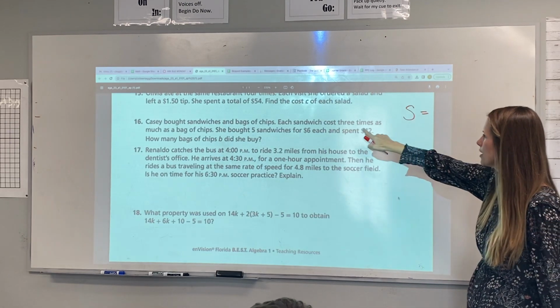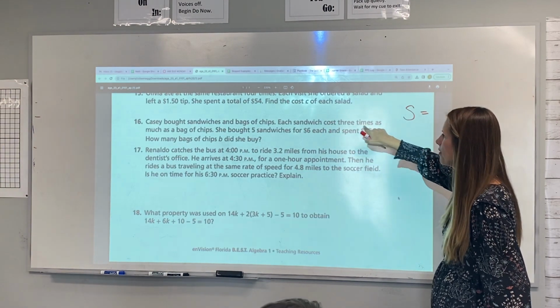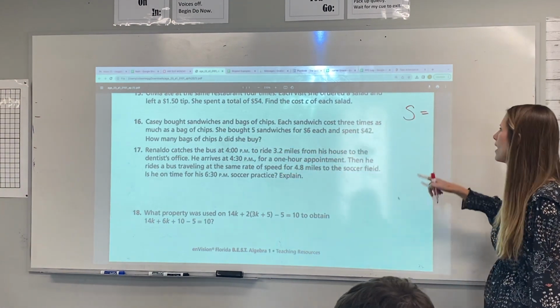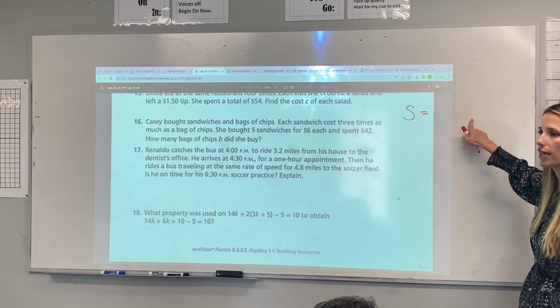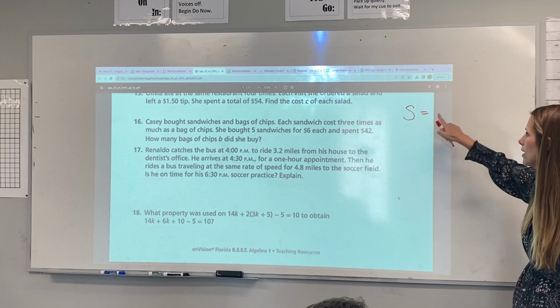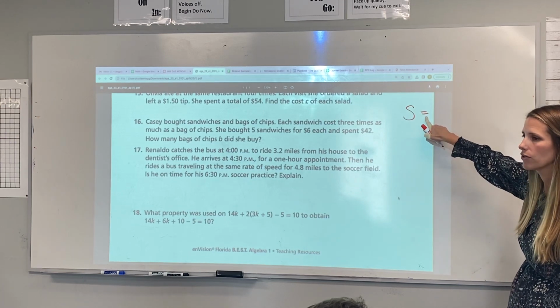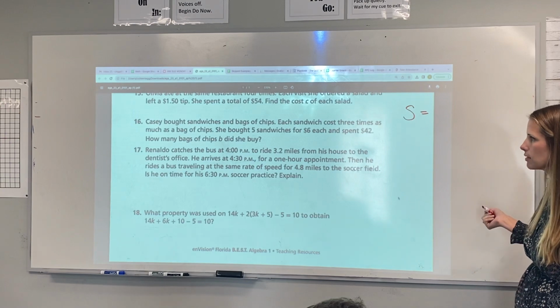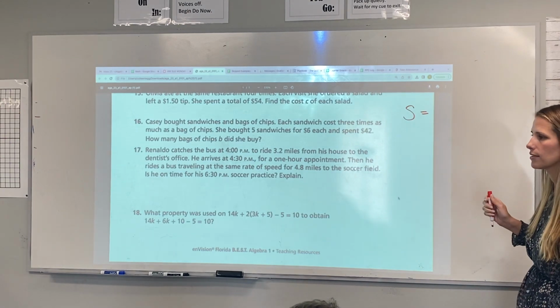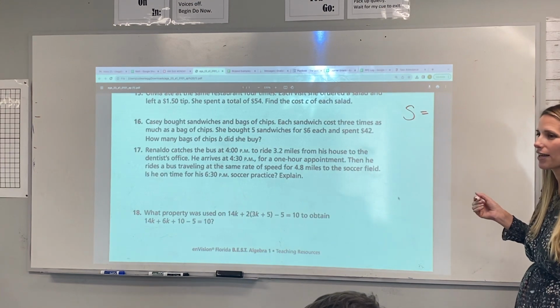If a sandwich costs 3 times the amount of a bag of chips, how can we represent that? And it's okay if you use the variable C for a bag of chips.